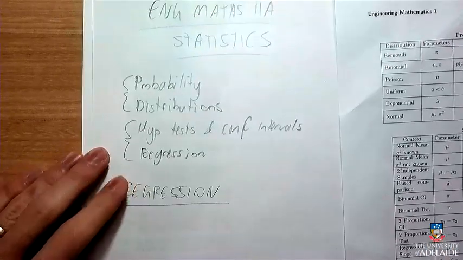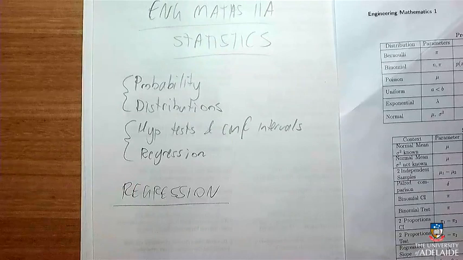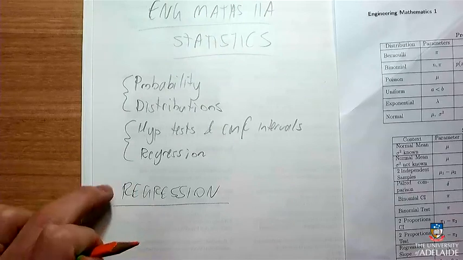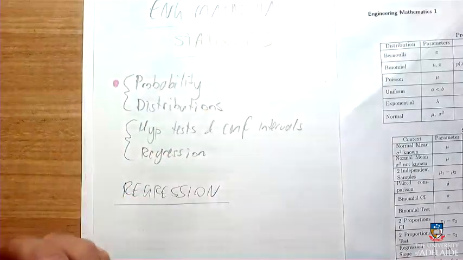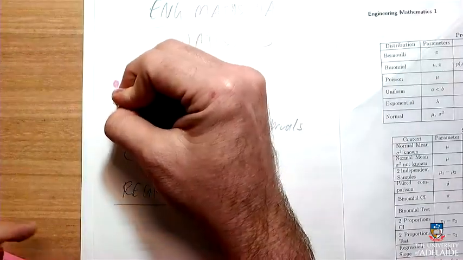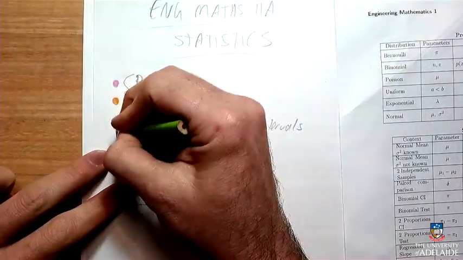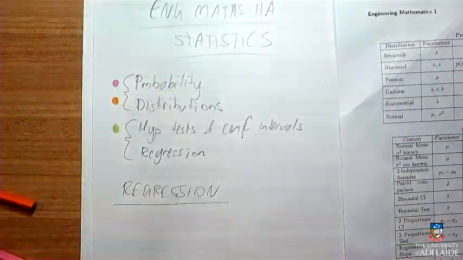Let's colour code them before I get into actually talking about regression. So we have probability, which is going to be pink. Distribution is going to be orange. Hypothesis test is going to be green.